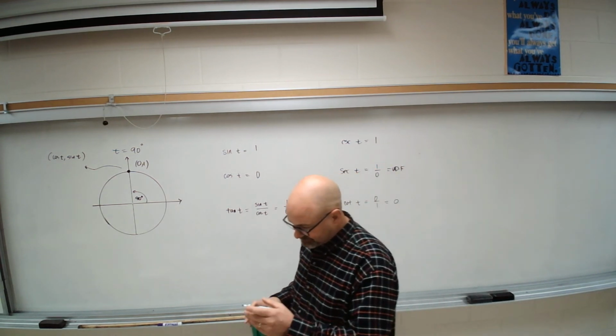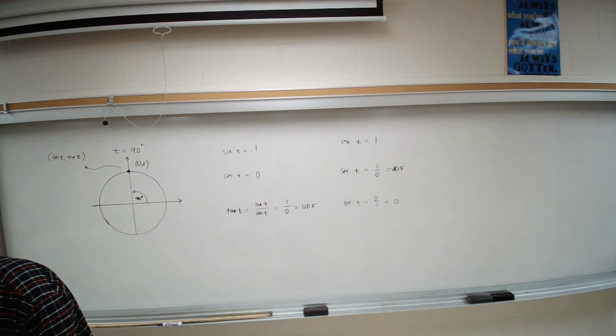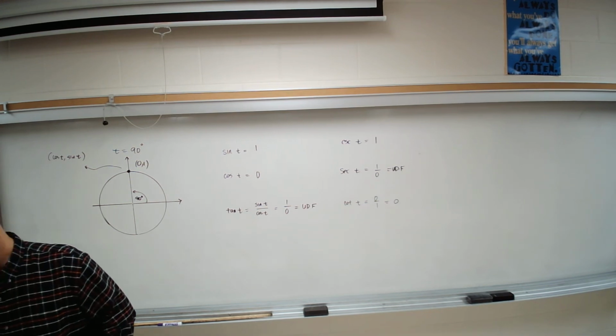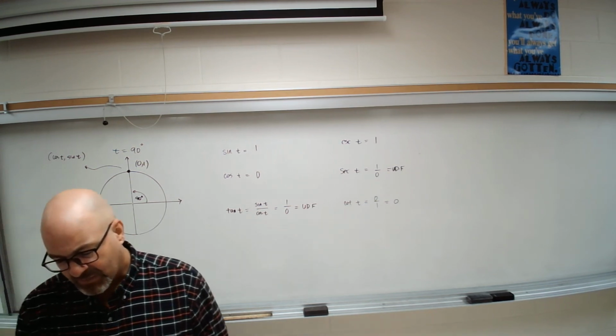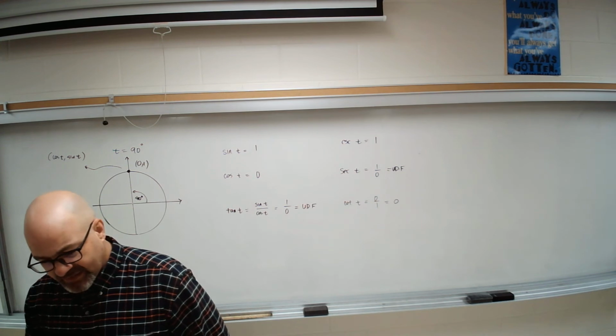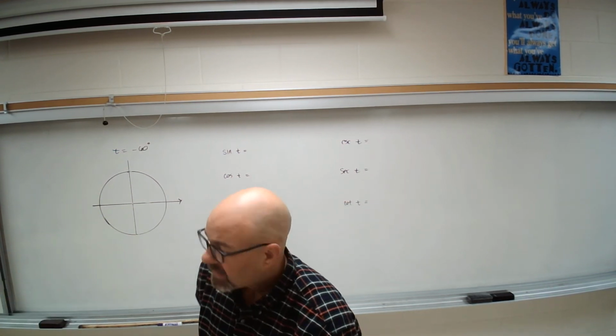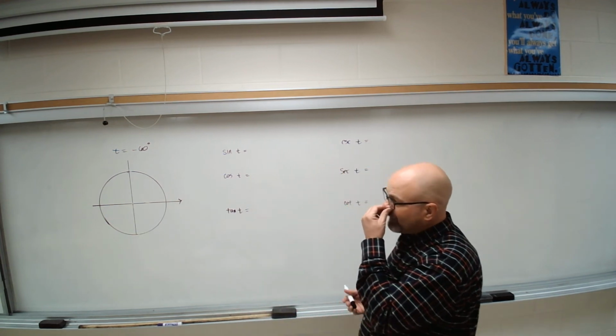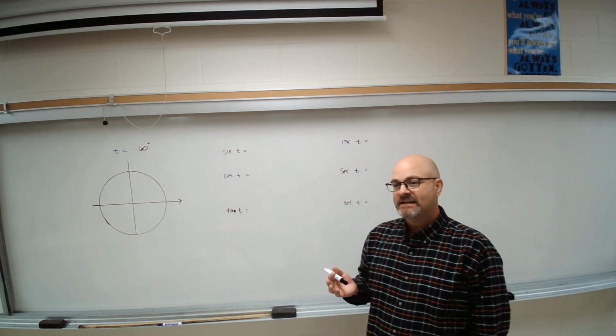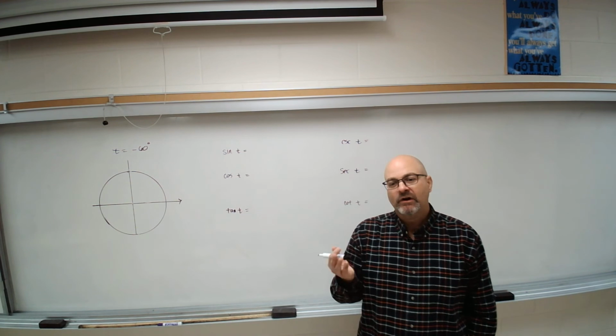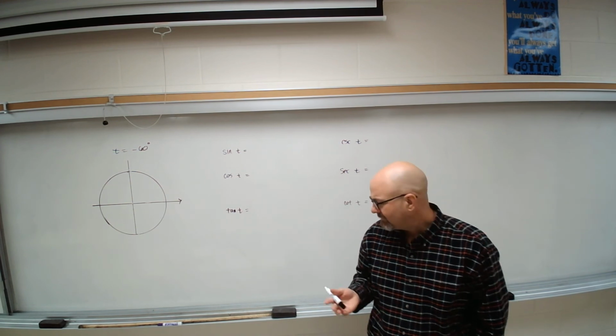So just to finish up here, we have this next one, t is equal to negative 60 degrees. Let's go ahead and try that. We're going to always draw them in standard position.